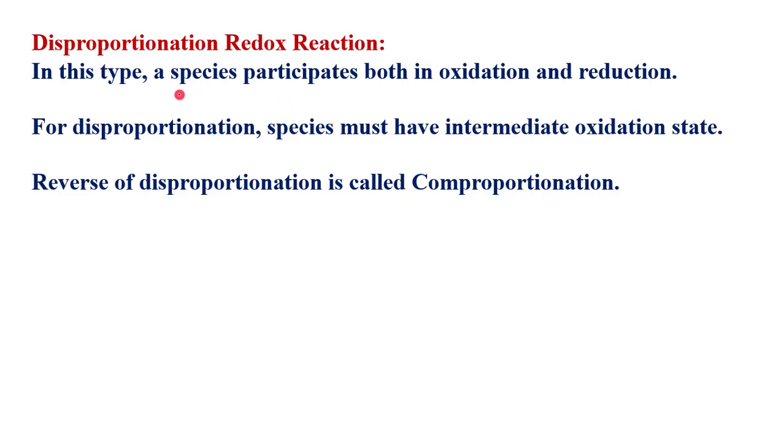In this type of redox reaction, what happens? Same species will be taking part both in oxidation as well as reduction. Till now, what we have seen is two different species were there. One was participating in oxidation, the other was participating in reduction. Whereas here, when you talk about disproportionation redox reaction, same species will be participating in oxidation process as well as in reduction process, right?